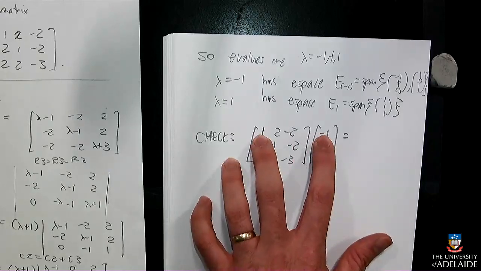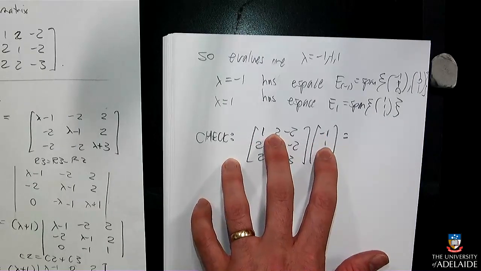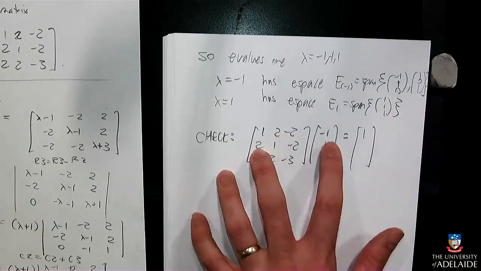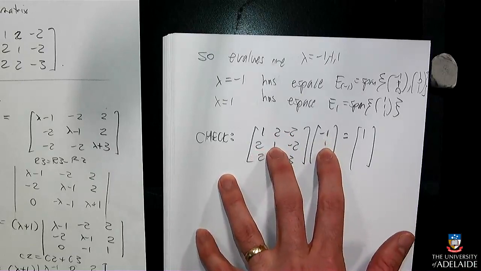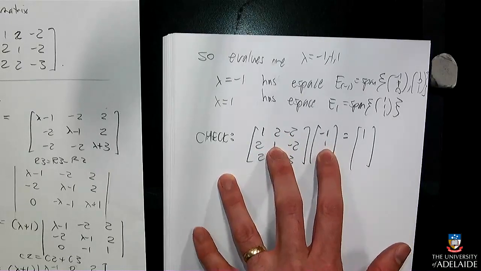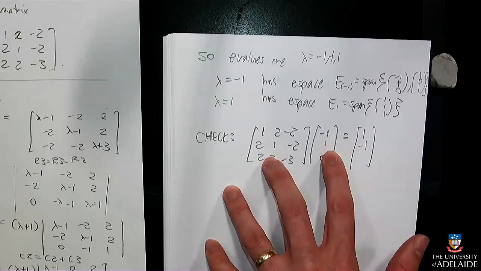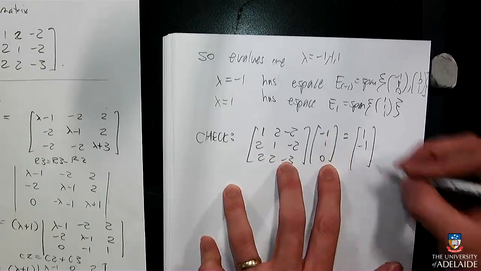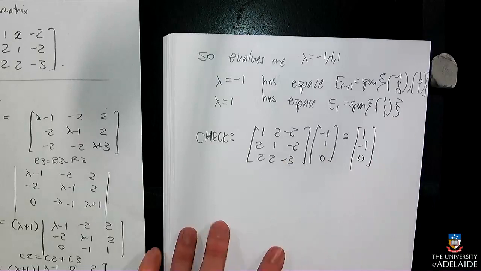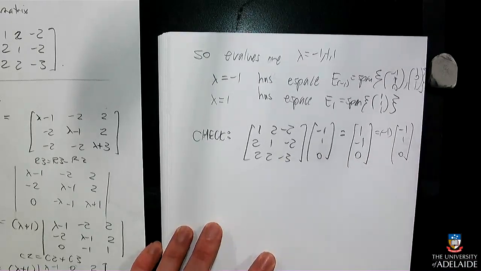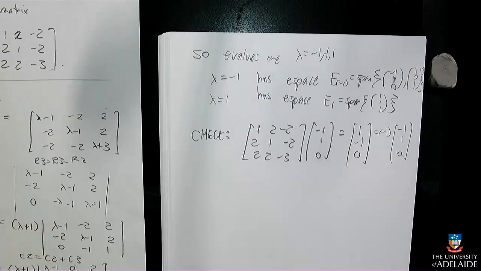So minus 1 plus 2 is 1. All right. And minus 2 plus 1 is minus 1 and plus 0. 4. Minus 2 plus 2 is 0, plus 0 is still 0. And this is the same as minus 1 times the original vector that I multiplied by. So yes, it really is an eigenvector. And so my answer up there is correct.